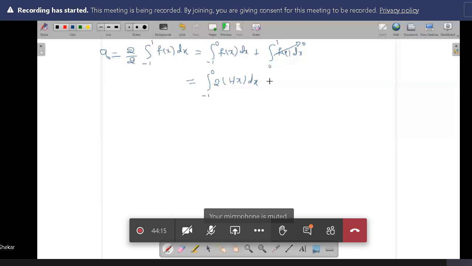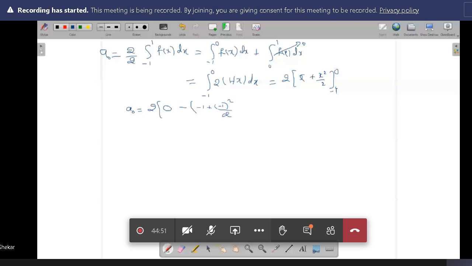So I can take 2 outside, integration of 1 is x plus integration of x is x square by 2, limits from minus 1 to 0. Substituting the limits, a naught is 2 into upper limit 0, which anyhow won't change anything, minus the lower limit, that is minus 1 plus minus 1 square by 2.